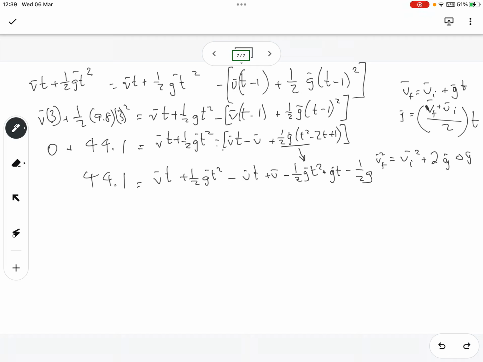And then half g times negative 2 will give me negative g times t, will be negative gt, times the negative there will be plus gt. And then a half g times positive 1 is positive half g, times the negative there will give me negative half g. So that's correct.